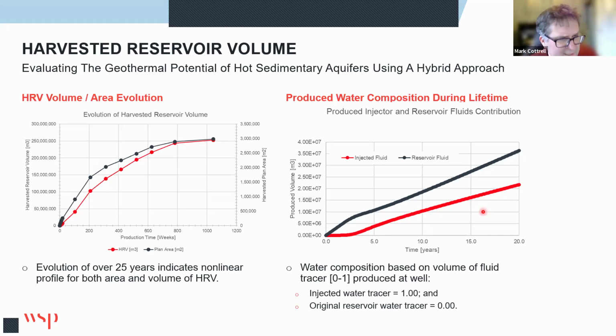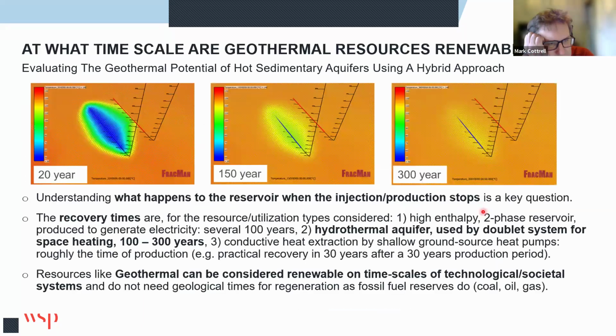Okay, the next slide gives us quite a useful piece of information. At what timescale are geothermal resources really renewable? If we have a geothermal operation, how long is the subsurface going to take to recover? For this case, we're probably looking at about a 300-year return period.